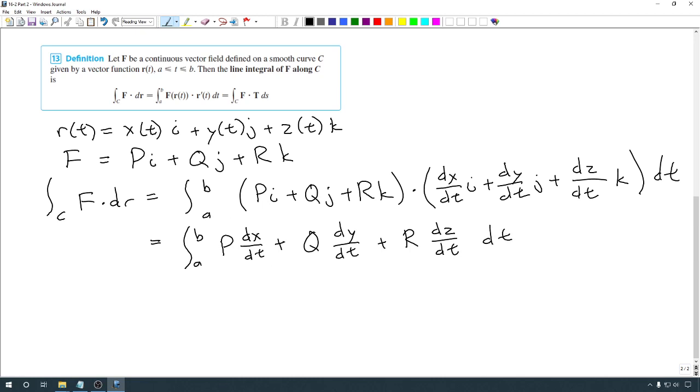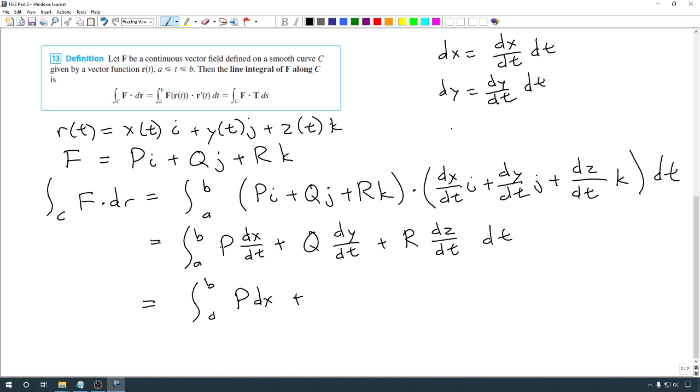Now, since dx dt times dt is really just dx, we could write p dx dt as just p times dx. And the same kind of thing for y and z. So dy is dy dt times dt, and dz is dz dt times dt.